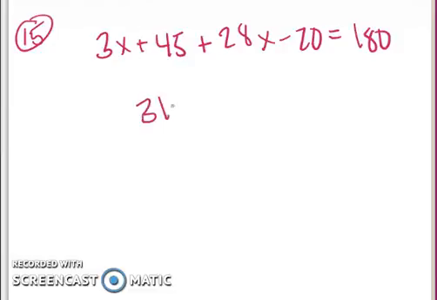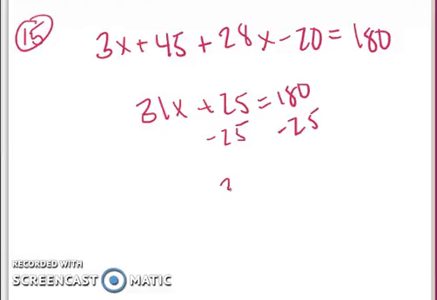This is going to give me 31x plus 25 equals 180. Subtract 25, and we get 31x equals 155, and 31 goes into 155, I believe, 5 times. That's correct. So x equals 5.